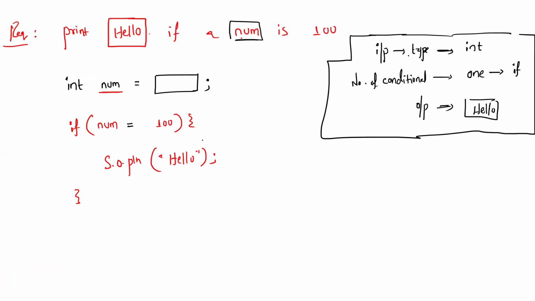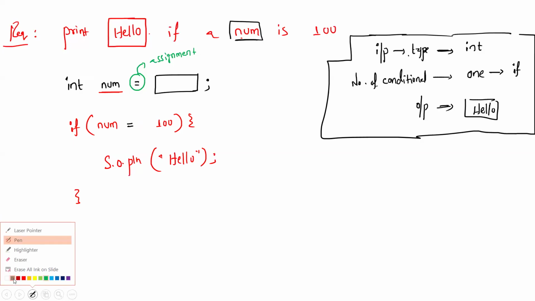Is it correct? Yes or no? The answer is no. Because single equals is called an assignment operator in any programming language. Then here are we assigning this 100 to number, or are we comparing the number value with 100? We are comparing, right? Double equals, for comparison. We know that in mathematics also, and here also it is the same, a double equals operator, with no space between these two equals.